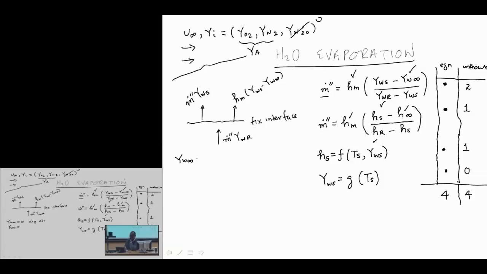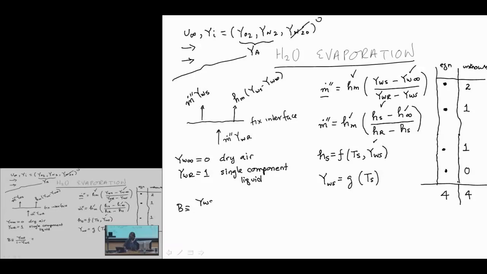YWR is equal to 1. It's a single component droplet or single component fluid, liquid. So B is YWS over 1 minus YWS.